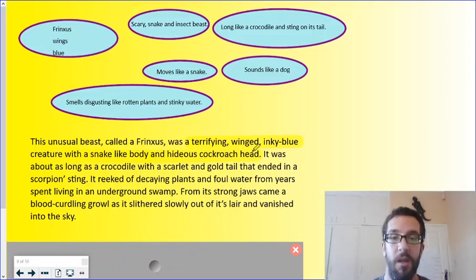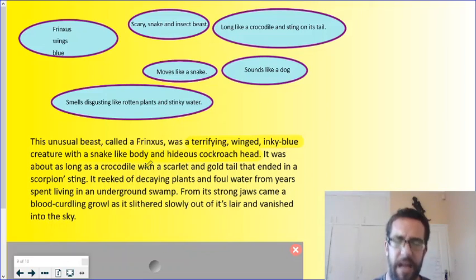All right. So can you see with the descriptive paragraph, your sentences should not be simple sentences. It was an ugly beast. All right. You can expand it by making it into a complex sentence now. Right, so I said I wanted it to be long like a crocodile and a sting on its tail. So let's look at my second sentence here. It was about as long as a crocodile, all right?